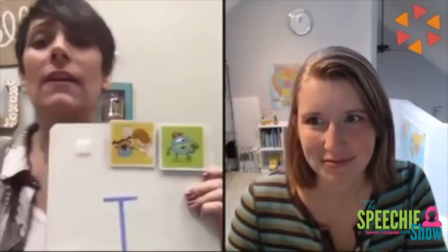Or even the other day I was working on at words, so I had the A and the T. And then we made cat, bat, hat, sat. So we just changed the first sound. It showed the kid, using the speech sound cues, there's three sounds, but we just changed the first sound to make different words. There's so many uses.